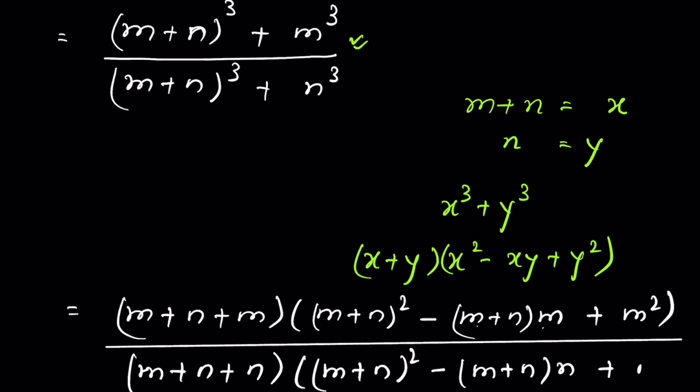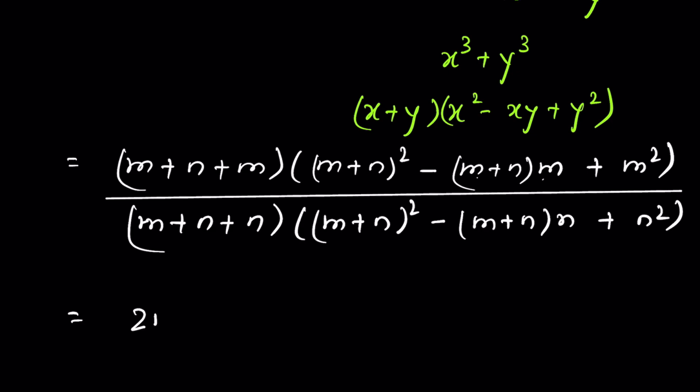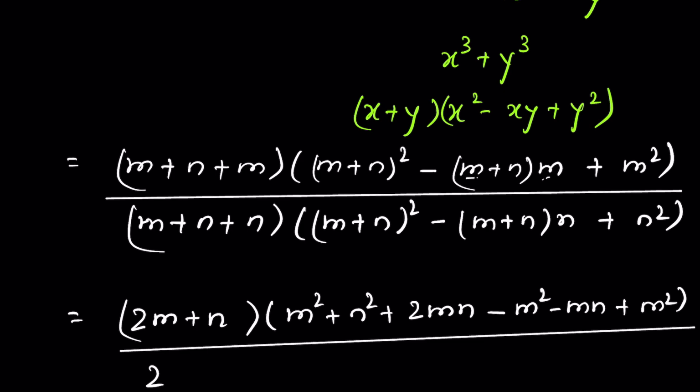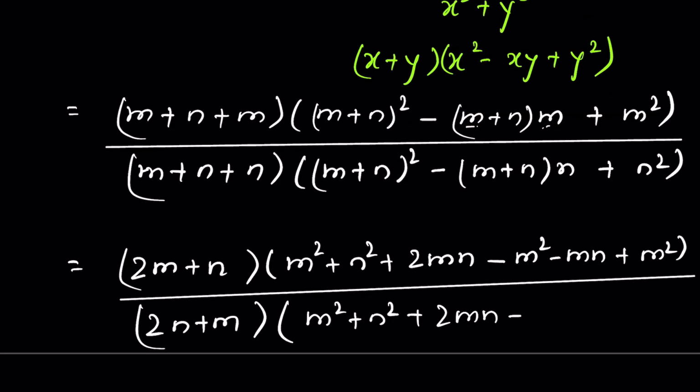n plus n square, or m plus m is 2m plus n, then times m plus n whole square will be m square plus n square plus 2mn minus this m square, times m is m square, and minus mn, then plus m square, upon 2n plus m, then m square plus n square plus 2mn minus mn minus n square plus n square.